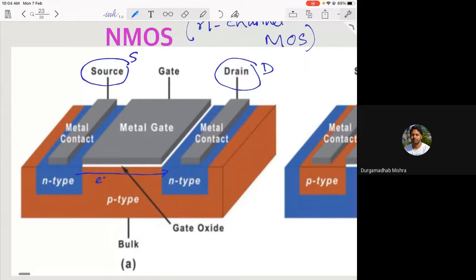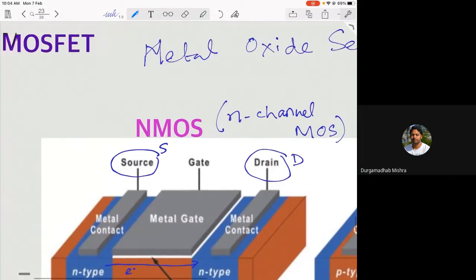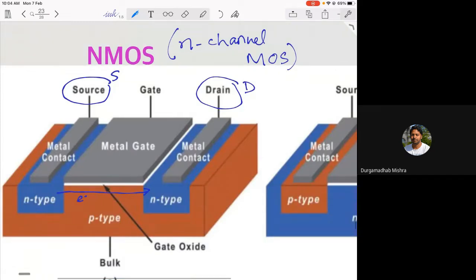This gate is normally a metal, but in the case of a silicon MOSFET device, the gate is not a normal metal. It is made up of polysilicon, which is polycrystalline silicon, and basically it's a degenerate semiconductor, heavily doped and behaving like a metal.